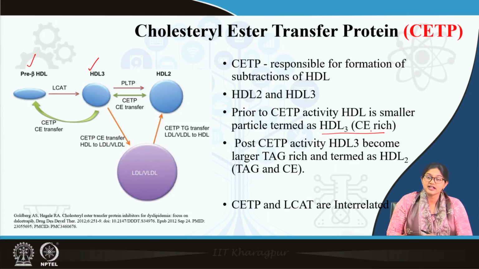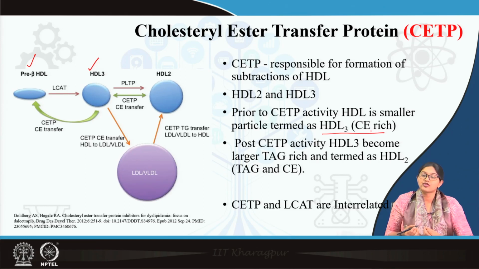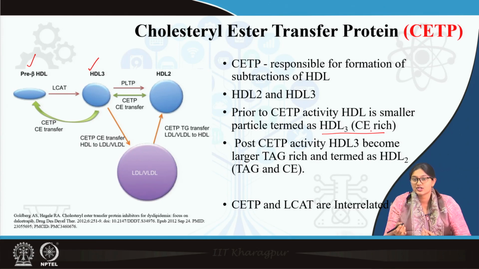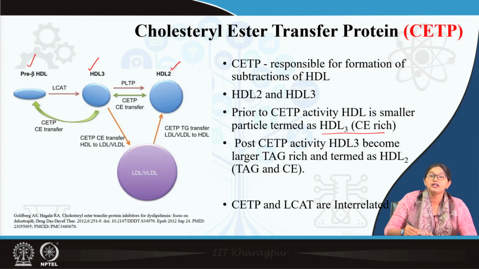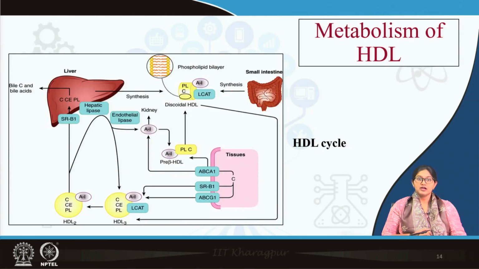After CETP activity, the form of HDL which contains more triacylglycerol and less cholesterol ester is known as HDL2. So these are the isoforms of HDL, HDL2 and HDL3, and this transformation occurs through the CETP protein.